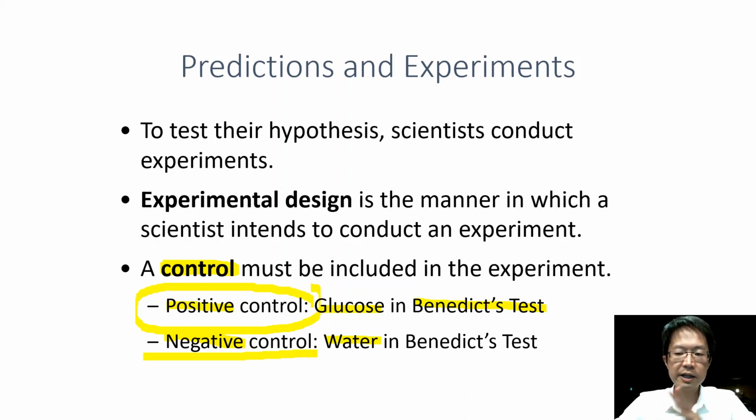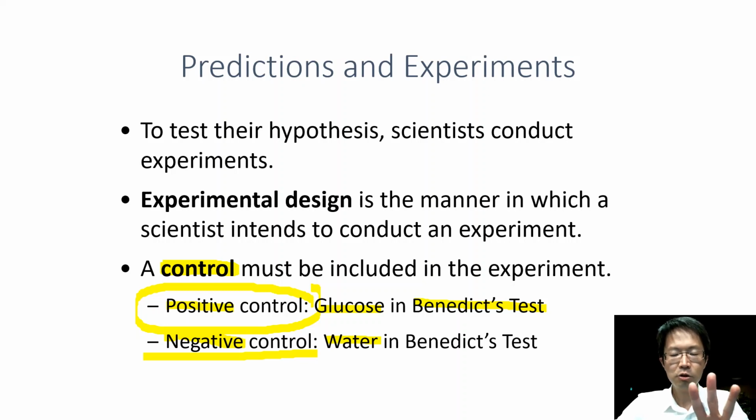I'll give you three test tubes. One test tube will be glucose solution. Another test tube will be water. And the third test tube will be an onion, smashed into water to become an onion mash solution.